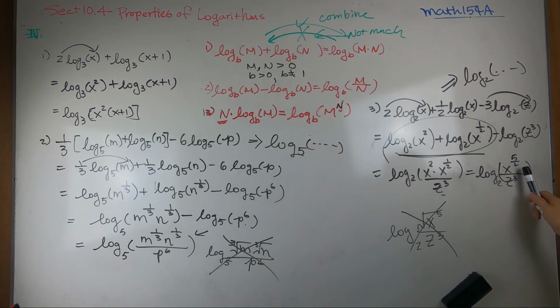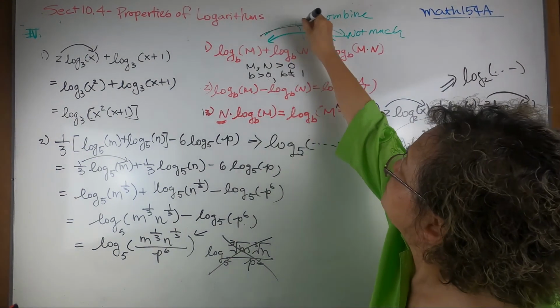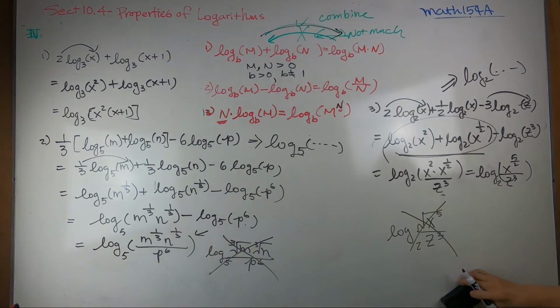But for the computer to scan over and check your syntax, they want you to do it this way. Okay? So what we did was write a single log, to combine it.